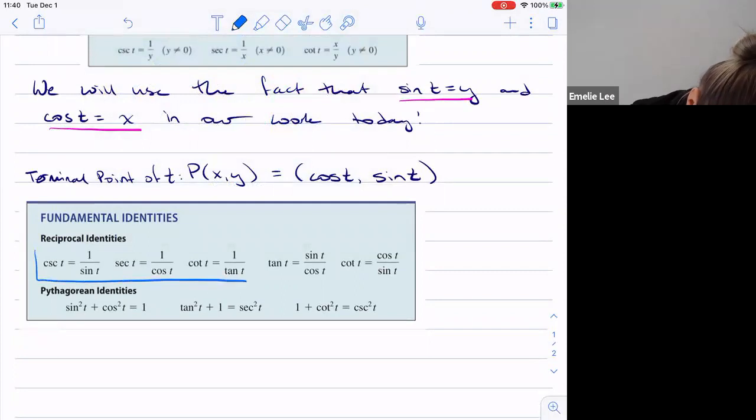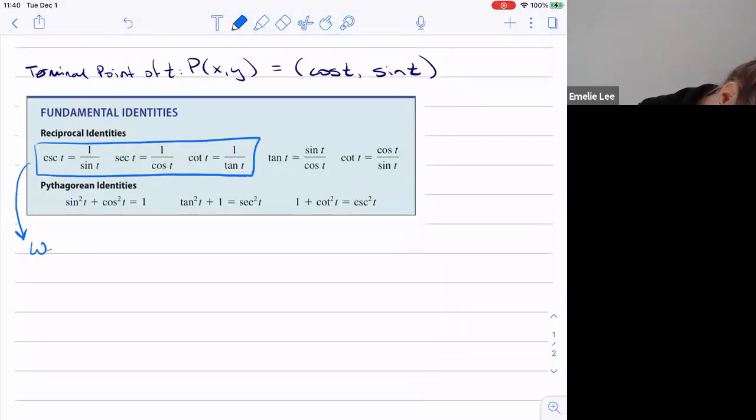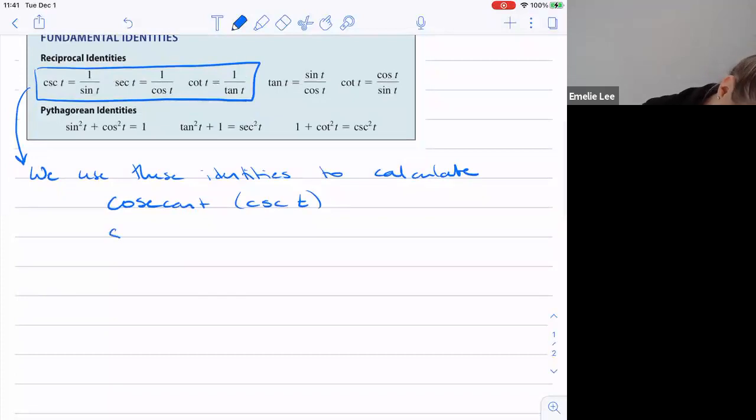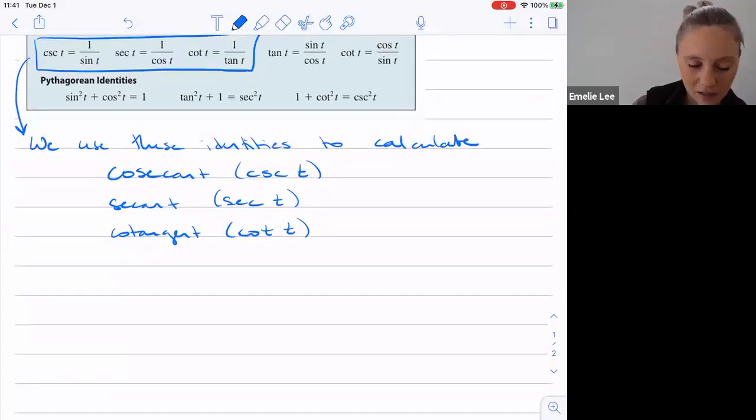So what we'll do here, we use these identities to calculate cosecant, which is the CSC of t, secant, which is the SEC of t, and the cotangent, which is the COT of t.